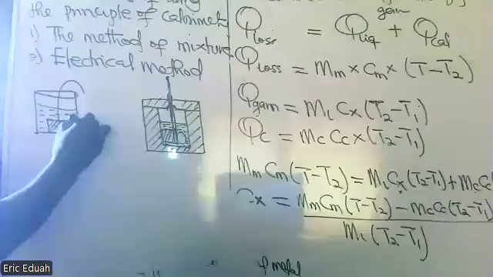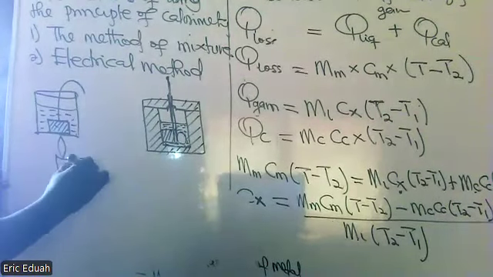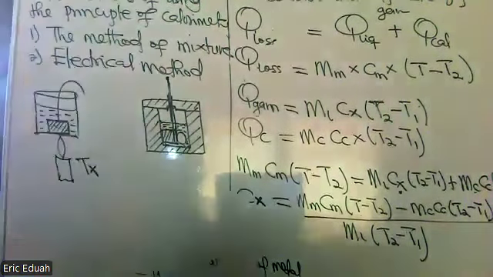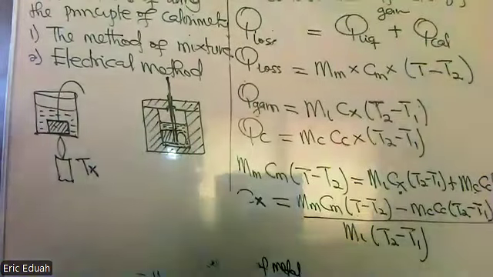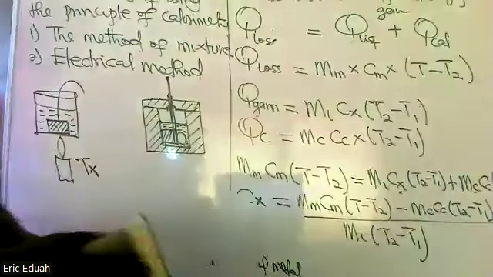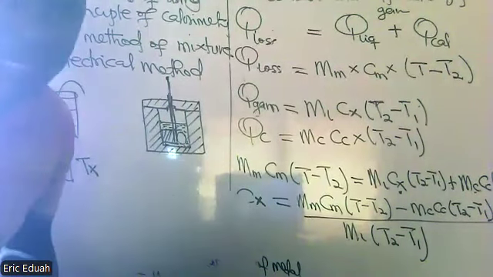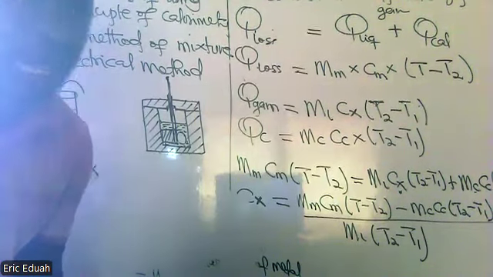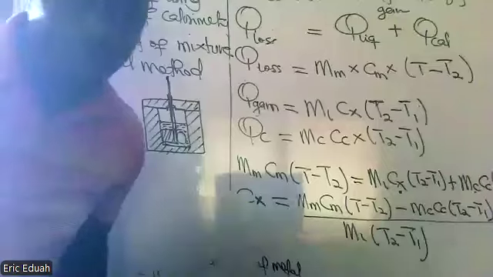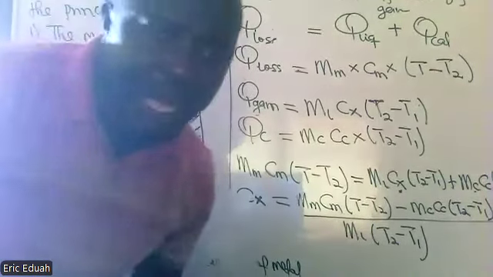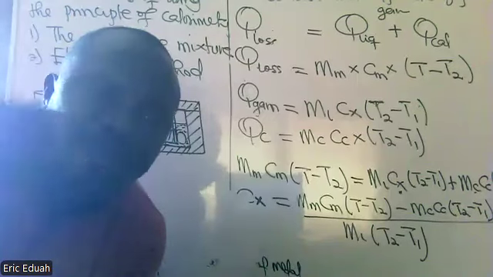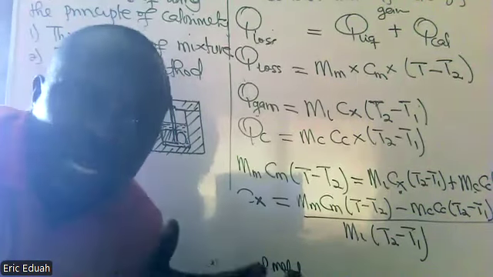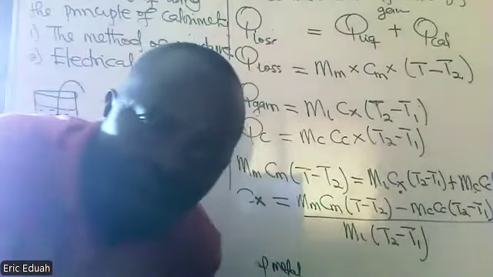So we indicate the temperature of the source to be Tx. Usually we place a metal on a very long handle and put it into the fire, for example an oven. We don't want to go close to the oven, so we put the metal on a handle and direct it into the oven.